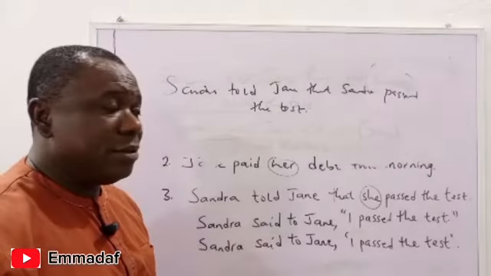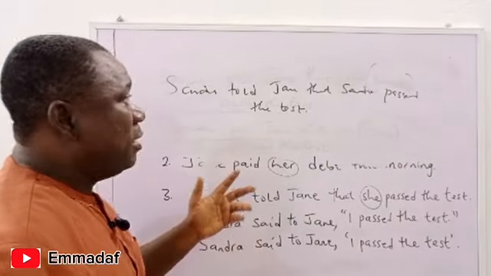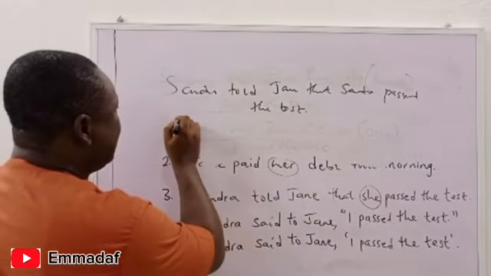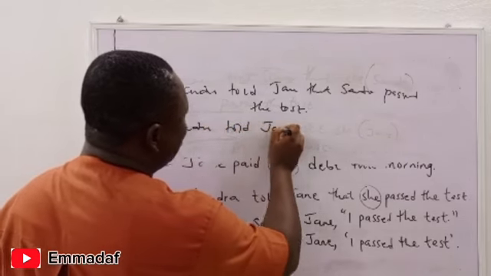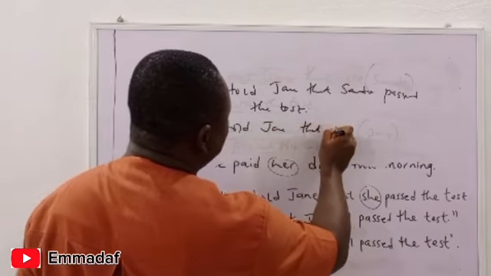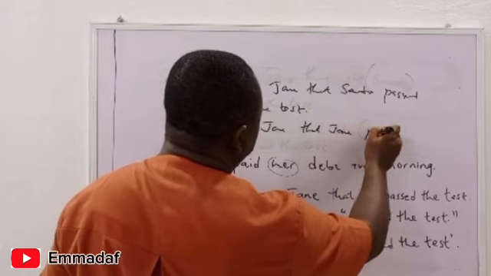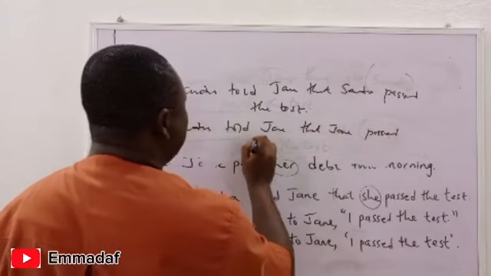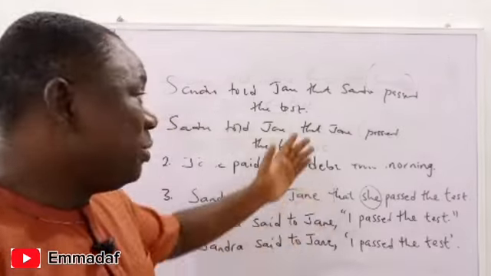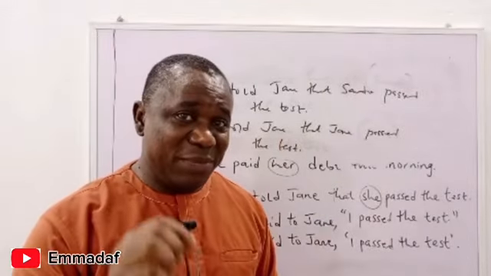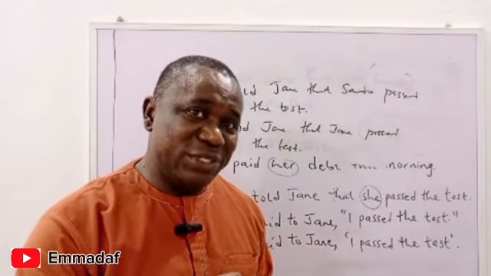What if it was Jane and not Sandra that passed the test? You write, Sandra told Jane that Jane passed the test. Now, by doing this, you have eliminated the ambiguity.